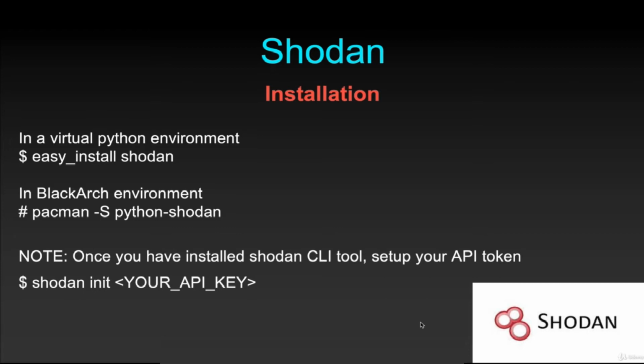So let us quickly start with the installation of Shodan, and let's see how we can easily set it up and start hacking. The best way to install Shodan is using Easy Install. For using Easy Install, you need to have Python installed on your computer.